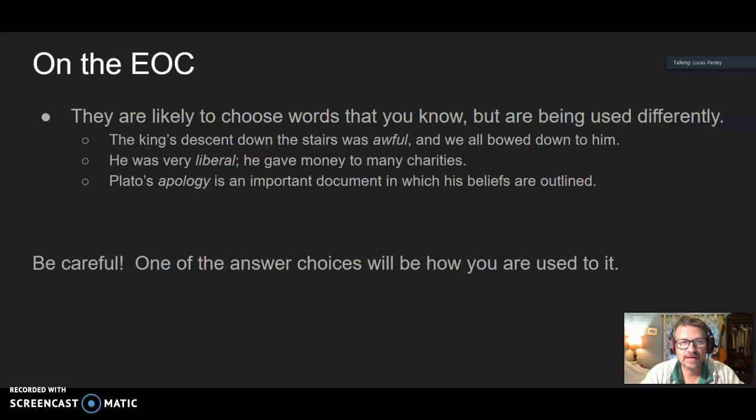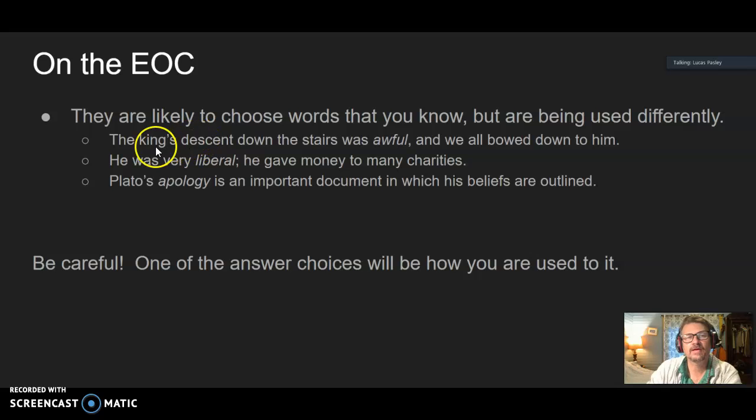to determine meaning from context. Now, on the EOC, they're not likely to choose really difficult words like haberdashery. What they're more likely to do is choose words that you're used to hearing one way, but they're being used differently in a particular environment.